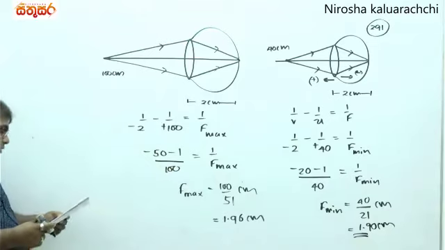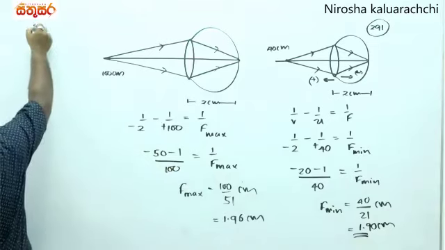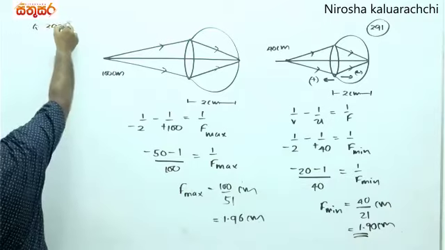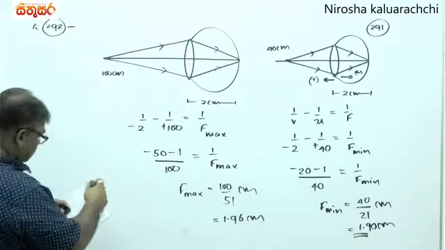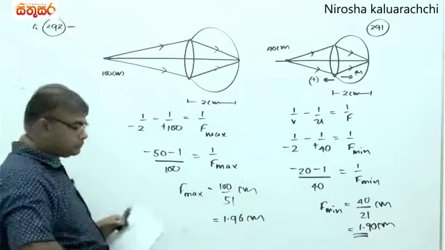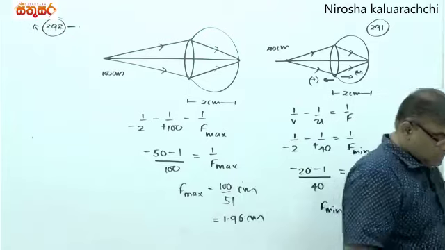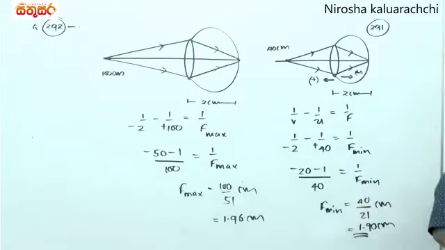It's 292. Once, read the question 292. Find the minimum and maximum focal length of the eye if the distance of distinct vision is 25 centimeter and the diameter of the eyeball, mention one again 2 centimeter.